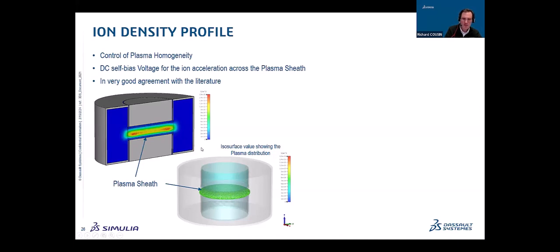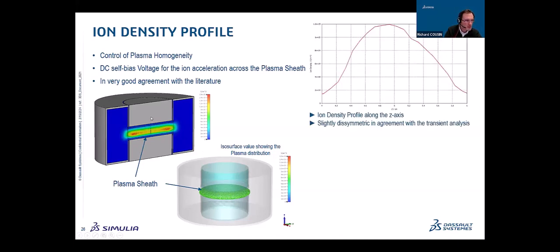Now if I'm plotting along the z-axis, and I would like to identify the effect of the ion density in this axis, then we have these plots. Here you can also see something very important.